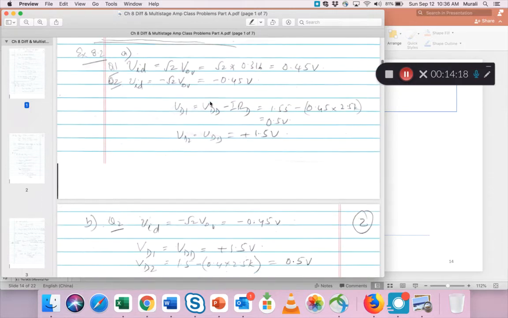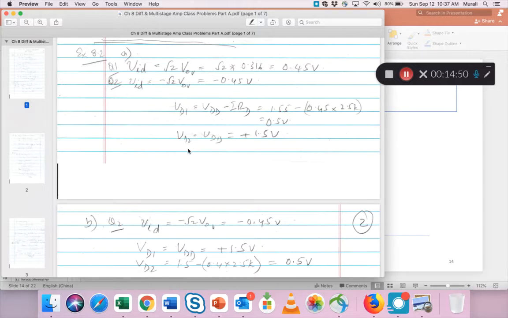So for Q1 only to be operating, that means VID is root 2 VOV, which comes out to be 0.45 volts. For Q2 only to be operating, that means minus 0.45. So they only differ in sign. The corresponding VD1 is 1.55 minus this, which is 0.5 volts.